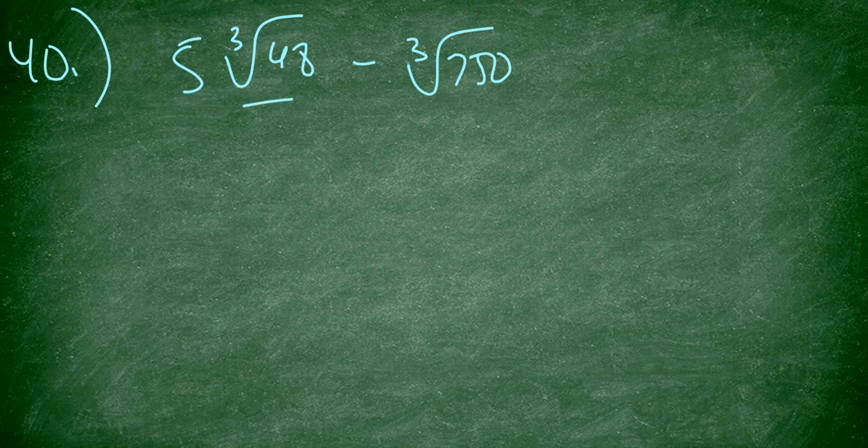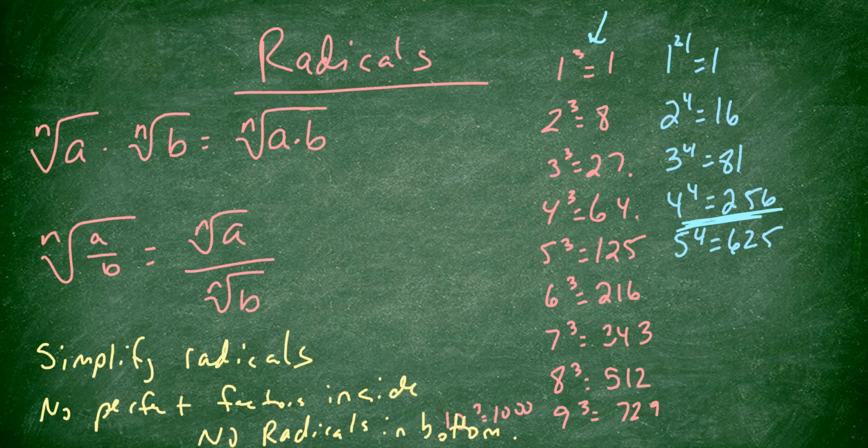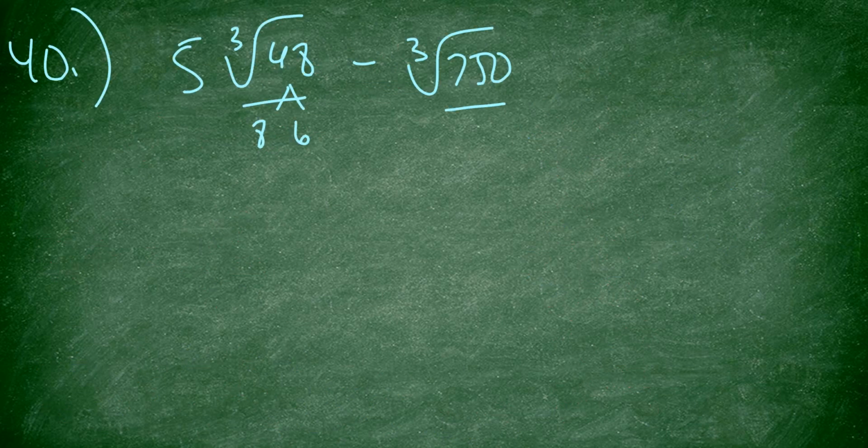Alright, so 40, once again, I have not the same radical, but this time both of them can be simplified. So I look at 48 and I say 8 times 6. Now, why do I care about 8? Remember, I'm using this list right here, so I care about 8 because it's a perfect cube. I don't care about 6. And for the other one, I care about 125, because 125 times 6 is 750. Now 8 is perfect, so it's going to leave the jail and turn into 2.